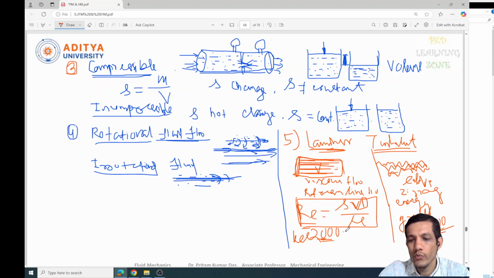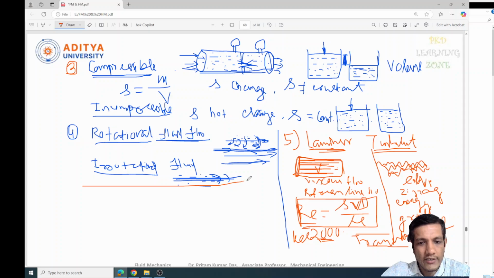In between 2000 and 4000, it may be laminar or turbulent, but that is called transition flow. That means the fluid is going to change its flow from laminar to turbulent. So this is about laminar and turbulent. I hope you understand this one.